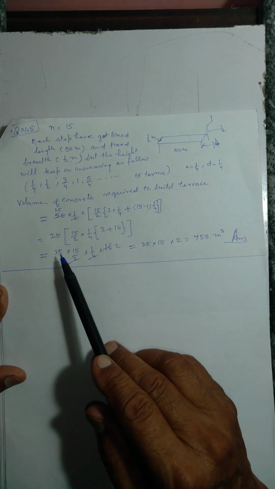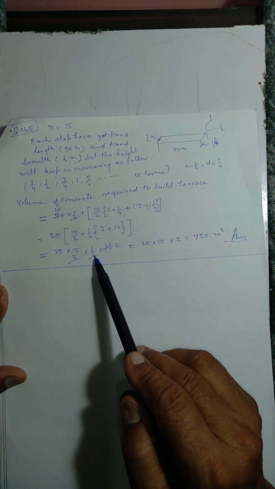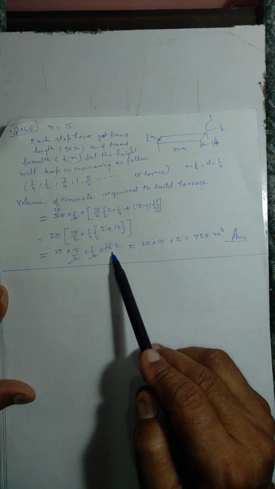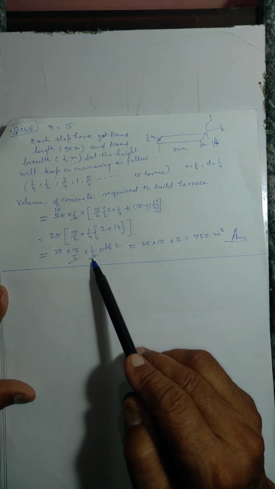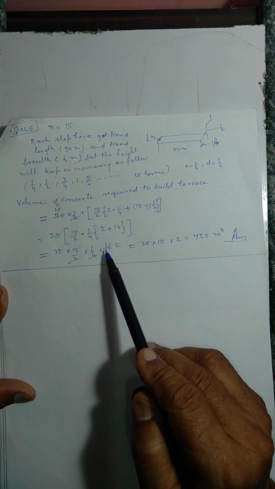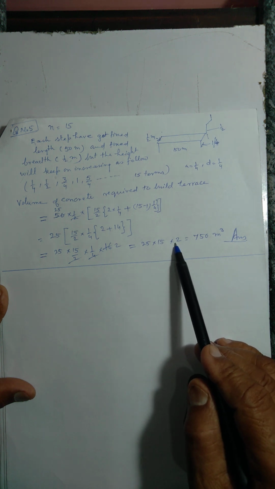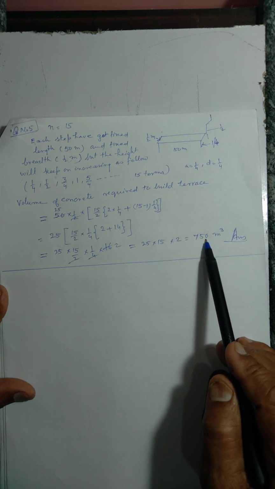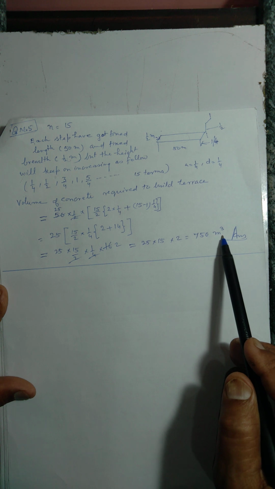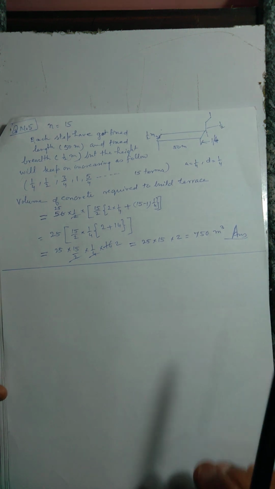So lastly we will get 25 into 15 by 2 into 1 by 4 into 16. Solve it, you see 4 into 4 is 16, and 8 into 2 is 16. So we are left with 25 into 15 into 2, that will be equal to 750 cubic meter. This will be the volume of concrete required to build the terrace.